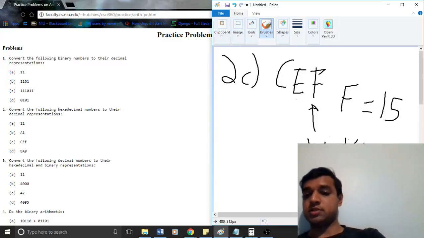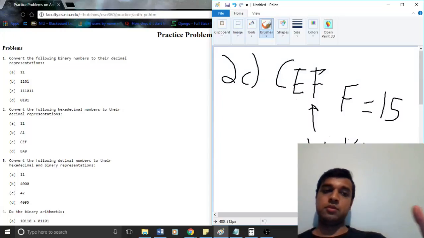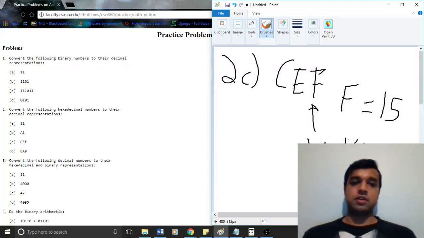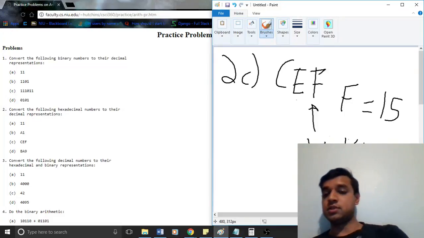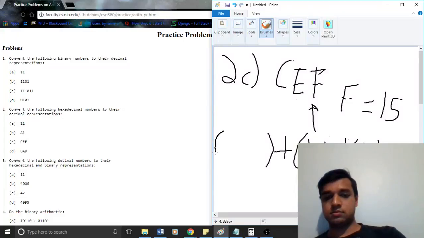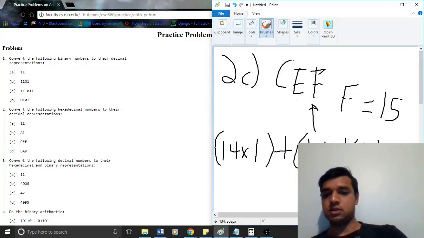The reason why you would put a 0 is similar to the binary number and decimal representation. It increases over time. It increases as the number gets bigger. So that's 15. Plus, next one you look at is E, which is 14 times 16.